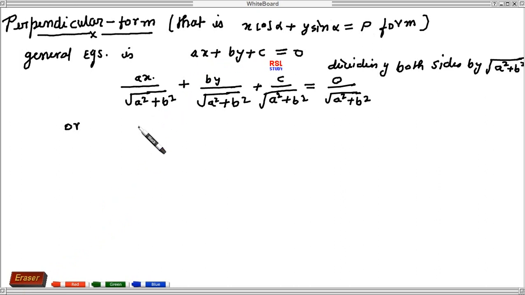So this is the general equation. We are dividing both sides by under root a square plus b square, meaning the square of the coefficient of x and the square of the coefficient of y. The coefficient of x is a, the coefficient of y is b. So we take the square as a square plus b square under root, and we will divide by this number throughout the equation.